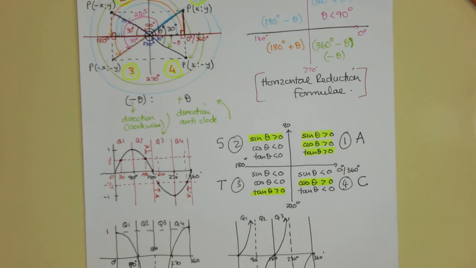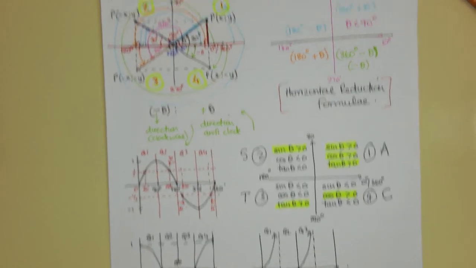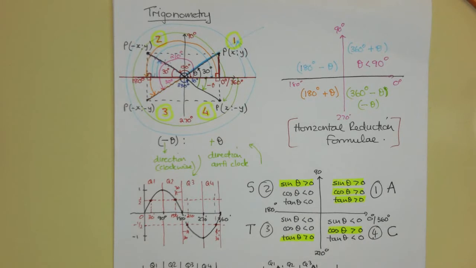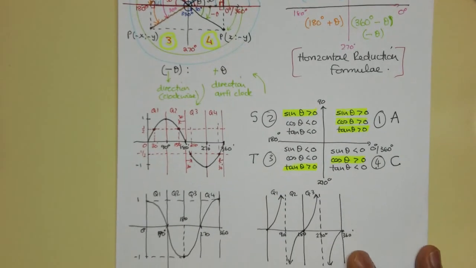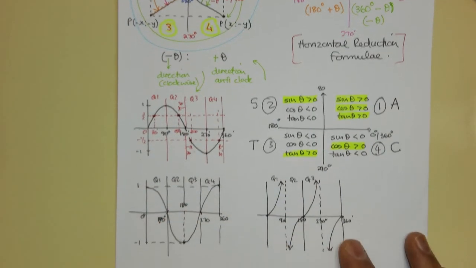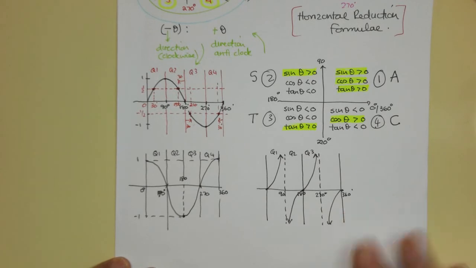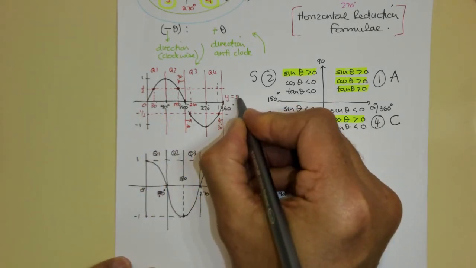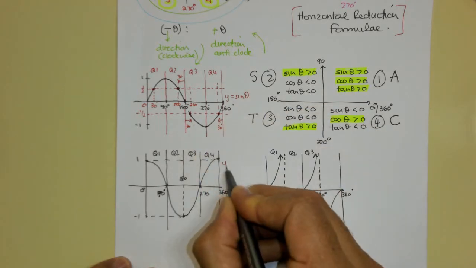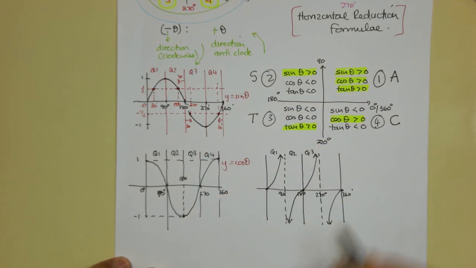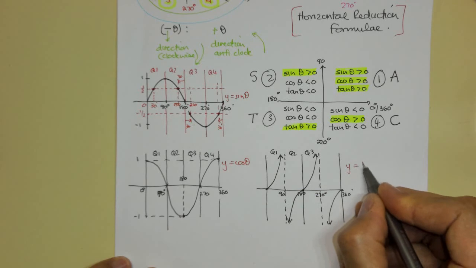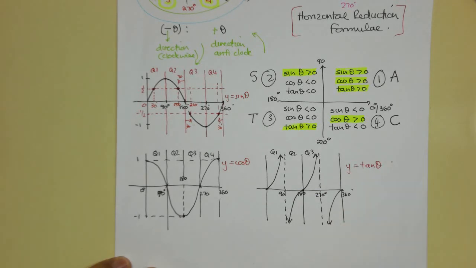Okay, and then we said let's look at how these angles of rotation now play out in the functions that we've become familiar with in grade 10. We looked at the mother curves. This was y is the sine of theta. This was y is equal to the cosine of theta. And this was the mother curve for the tan of theta.